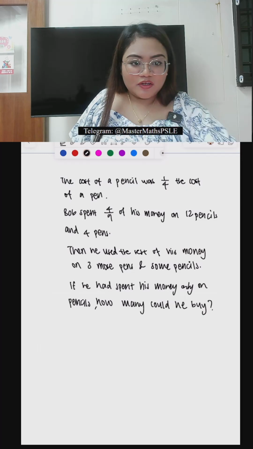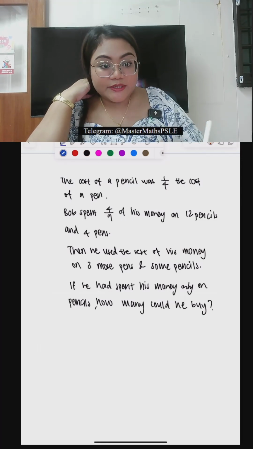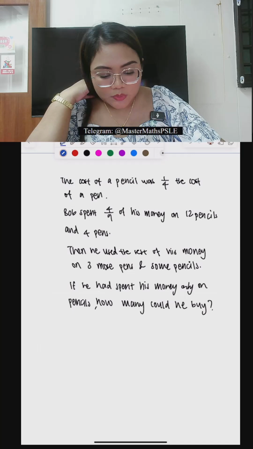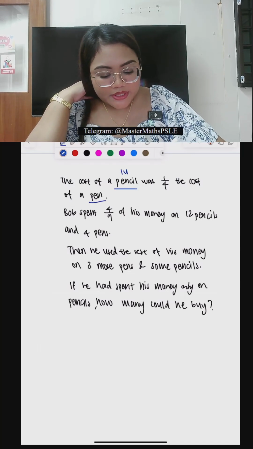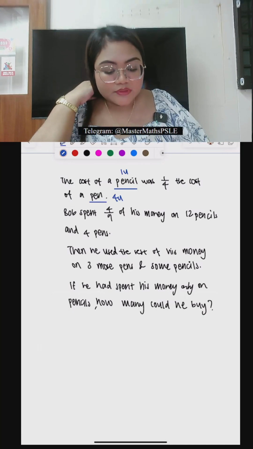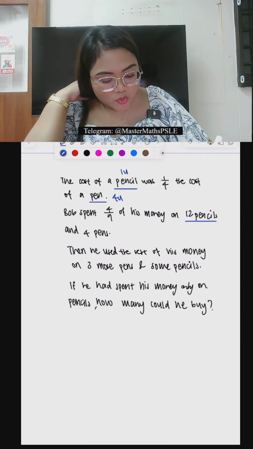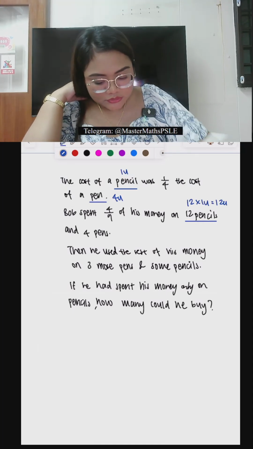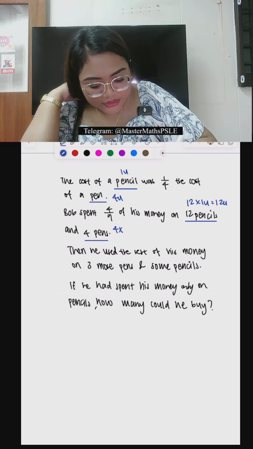Okay. All right. Let me try to explain this for you, okay? The very first thing I will do is to convert. The cost of a pencil is 1/4 the cost of a pen. So I'm going to use pencil as 1 unit, pen as 4 units. Okay? Bob spent 4/9 of his money on 12 pencils. So 12 pencils becomes 12 times 1U, that's 12U. 4 pens will be 4 times 4U, that will be 16 units.